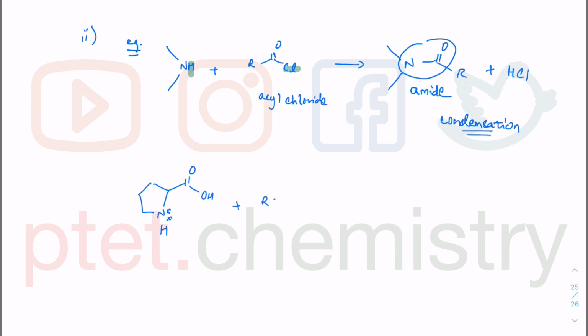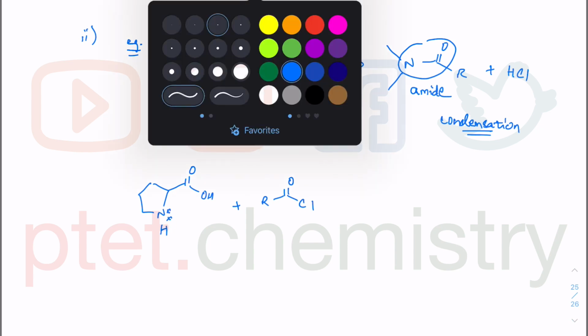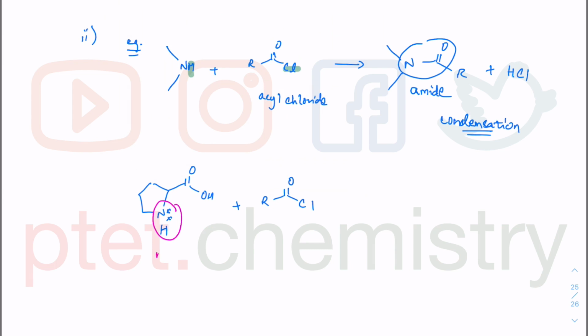Which one will react with acyl chloride? First of all, this is an amine. The amine is the nucleophile, so I can just circle that. And this is the electrophile due to the two highly electron-withdrawing groups. So it's the amine that will react to give you the amide.